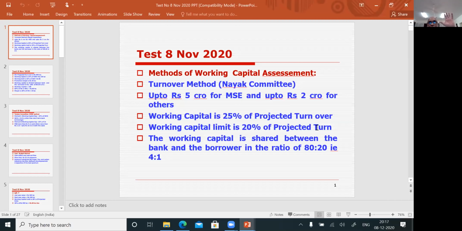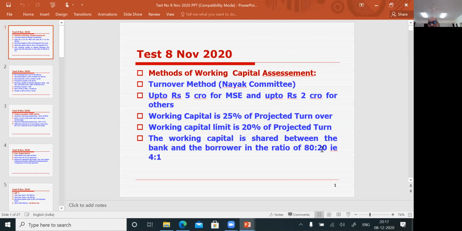As per the Nayak committee or turnover method, working capital is 25% of the projected turnover. Working capital limit is 20% of the projected turnover. That means the working capital, which you calculated at 25%, is shared between the bank and the borrower in the ratio of 80:20. In the next slide, I'll give the example, you will understand.